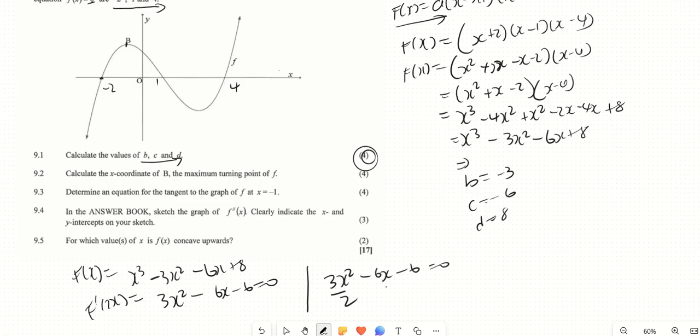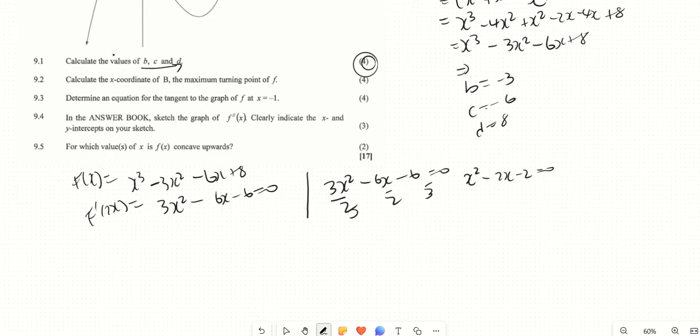So I'm doing 3x squared minus 6x minus 6 equals 0. I divide here by 3. So I'm going to have x squared minus 2x minus 2 equals 0. So I don't have factors of 2 that I will add and multiply to give me that. So I'm going to use the quadratic formula.